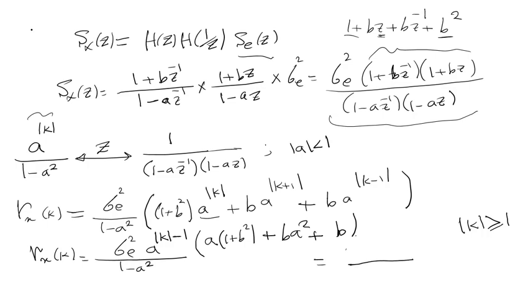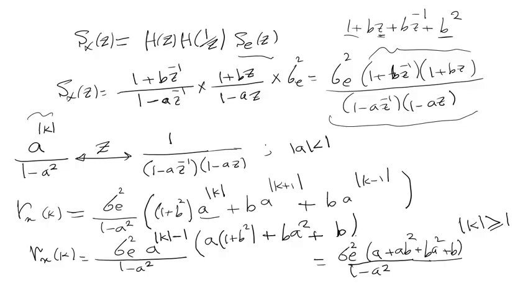Finally we have sigma squared e over 1 minus a squared times a plus a b squared plus b a squared plus b, and still I can simplify it more.